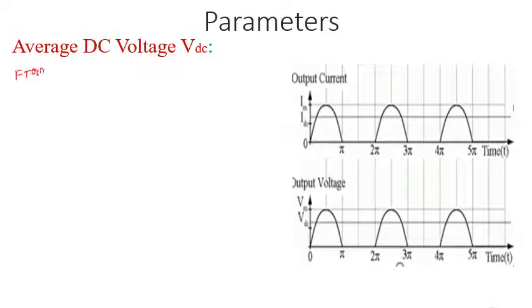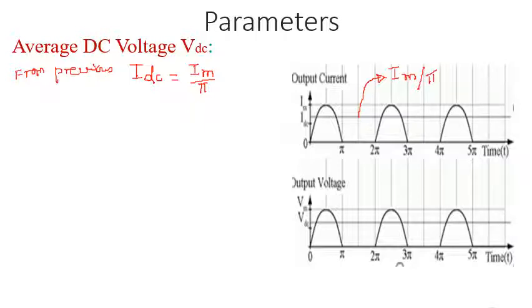From the previous, we have found that IDC, the average DC current, is equal to the maximum current divided by pi. This value is the average. It is a constant value, Im by pi.